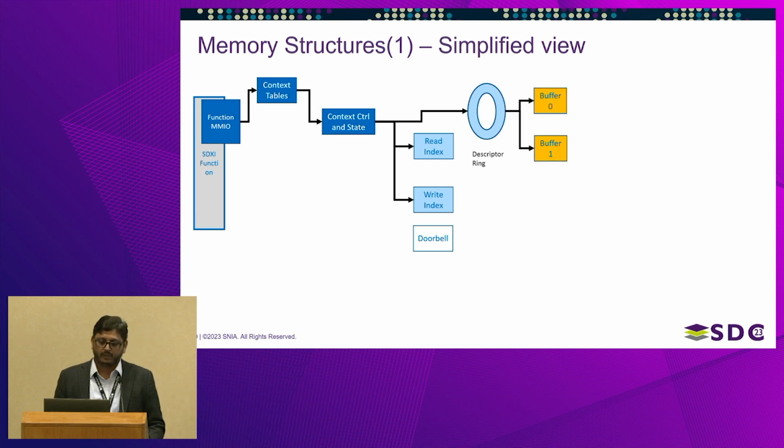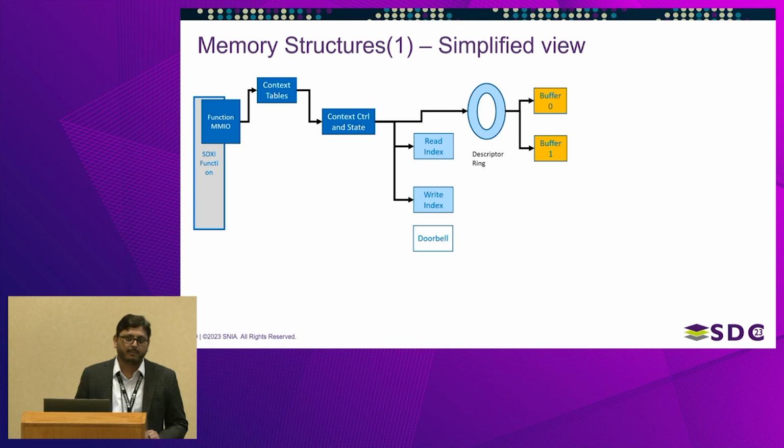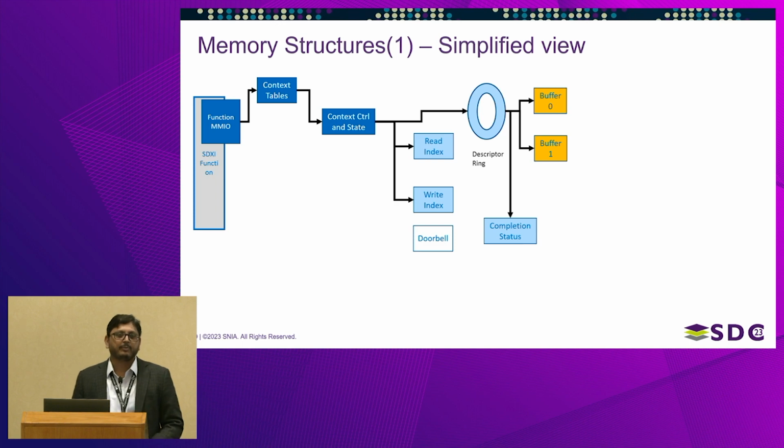Each descriptor may have one, two, or any number of buffers that you are intending to do the data movement into. And each descriptor will have a pointer to a completion status block where, once an operation is finished, the completion is notified.